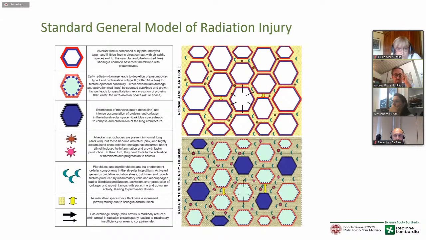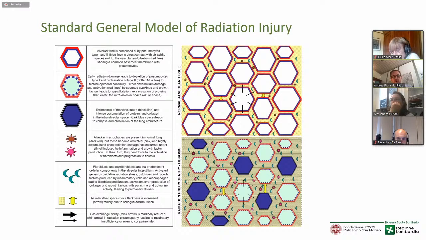So the general model of radiation injuries is basically defined as an inflammatory effect that mimics a viral pneumonia or a bacterial pneumonia, but it's much more localized.